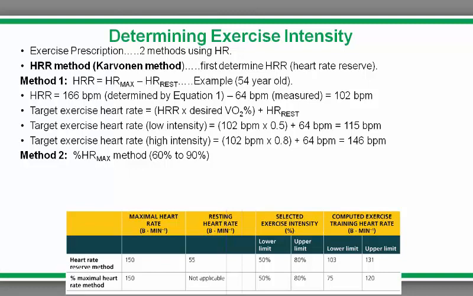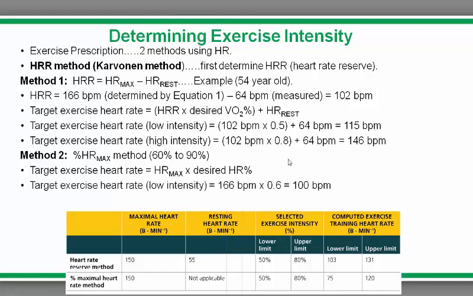The second method is just based upon the percent heart rate maximum that was either measured directly with GXT or estimated. And the values that are typical here could range between 60 to 90% as an example. And so the target heart rate is just simply the person's heart rate maximum times the desired percent heart rate.